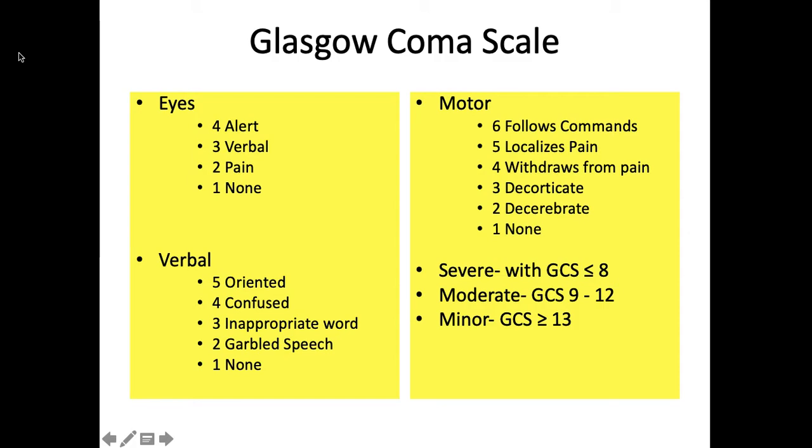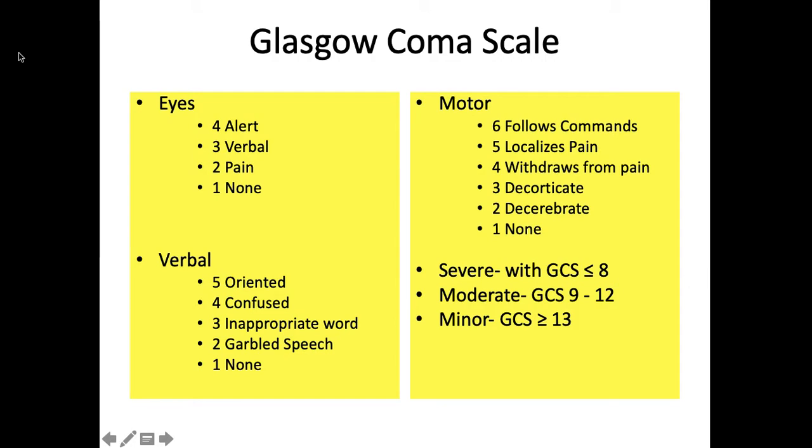If they can't follow commands, and you apply painful stimuli like a trap squeeze, and they reach up and try to push your hand away, well, they localize to pain. They would get a 5. If you apply painful stimuli and they try to withdraw from it, so their body moves away from the pain, they would get a 4.